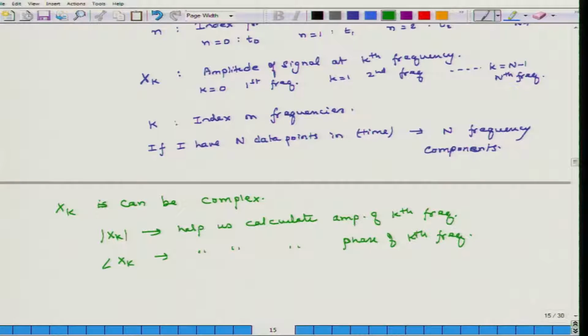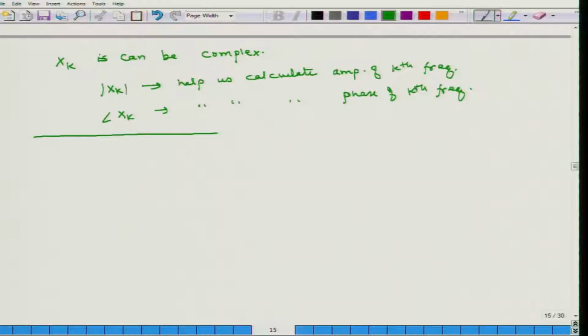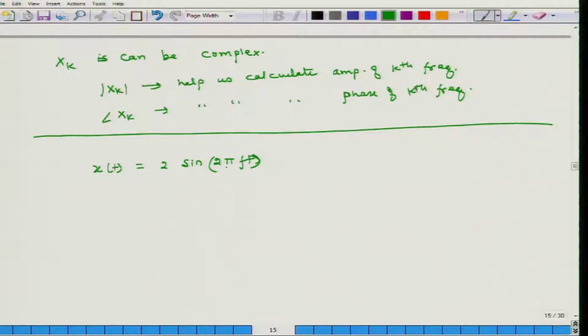So, we will now do an example, so that things become clearer. Let us consider the relation x(t) equals sine 2 pi f t, and let us say f equals 1 hertz.